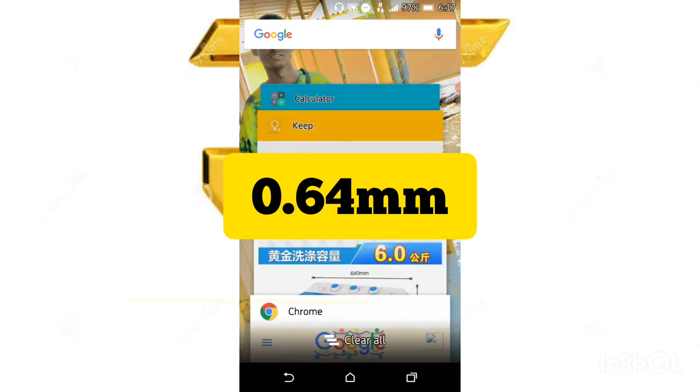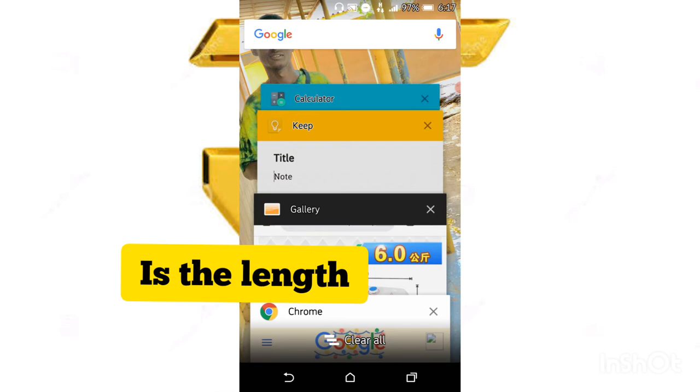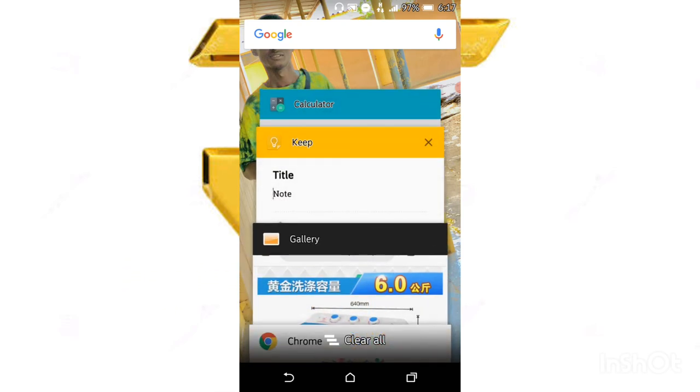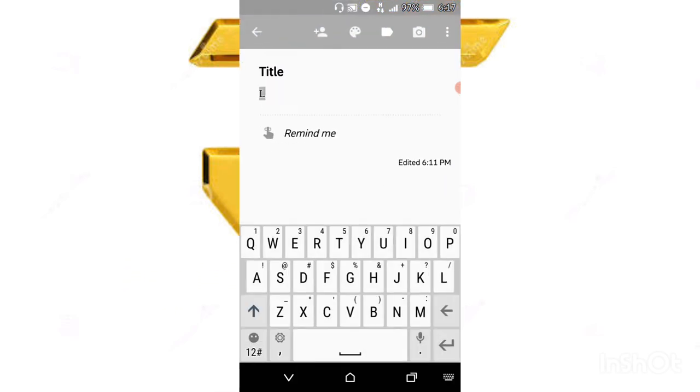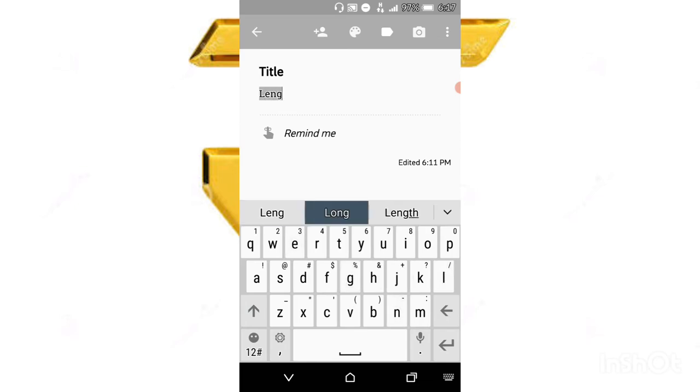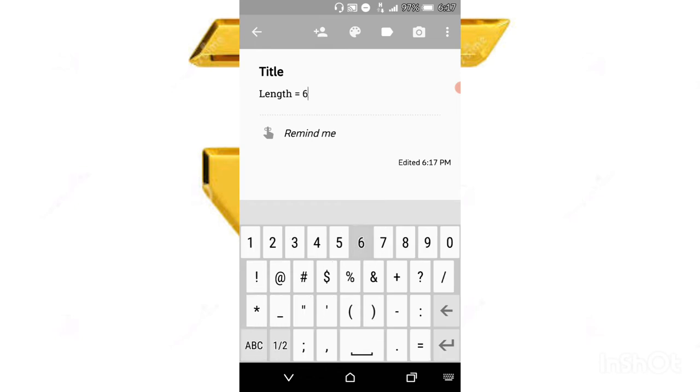So I'm going to write it down. That's for the length. The length is equal to 0.64.